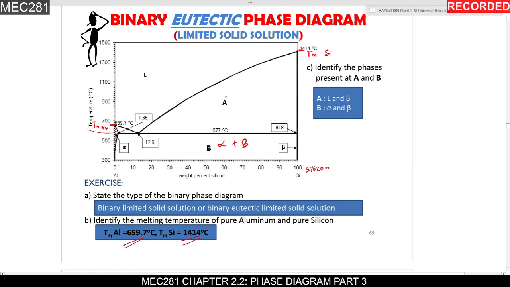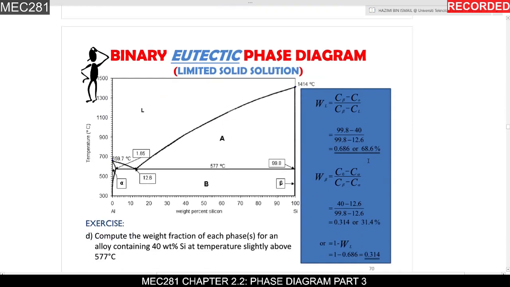But here is more on the beta on the right side. So this is the liquid plus beta, and this one is the liquid plus alpha. Okay, so the answer for A is L and beta, and B here is the alpha and beta. So it is very easy and straightforward.